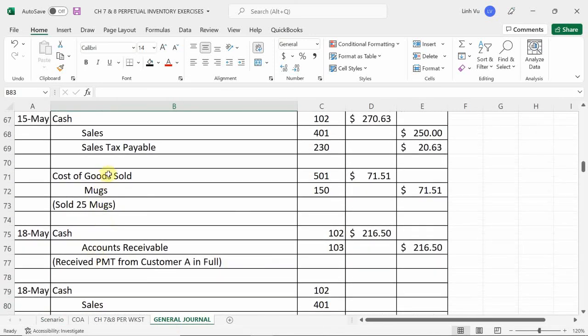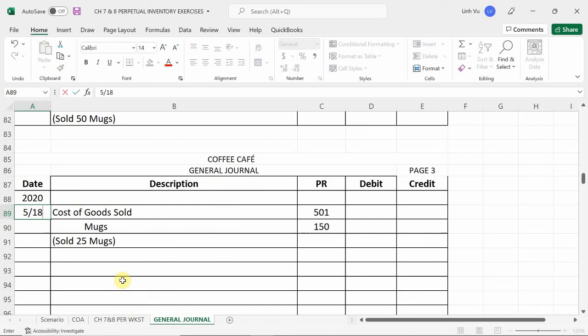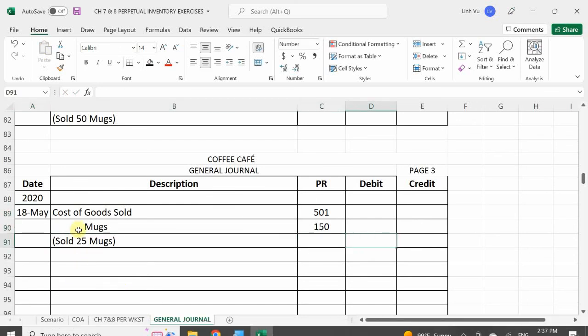Okay, so there's my sales right there, and I also have to include my cost of goods sold because I have to update my inventory as well for 5/18. We sold 50 mugs.